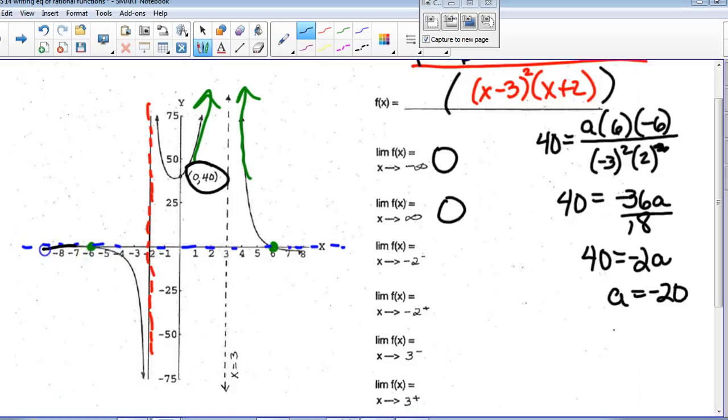So as I ride on this graph and I go towards -2, I'm going down. But as I get close to -2 from the right side, it's going up. And at 3, both sides of it are going up. All right, got it?